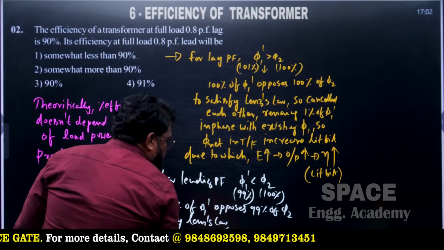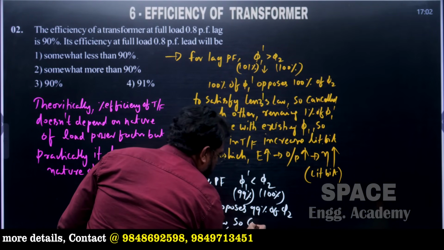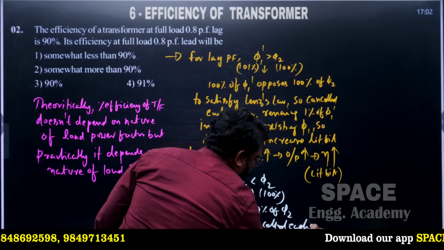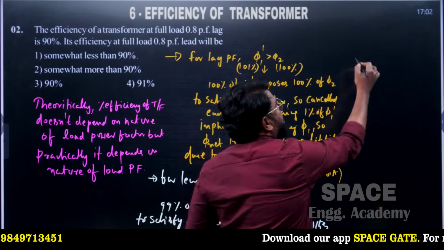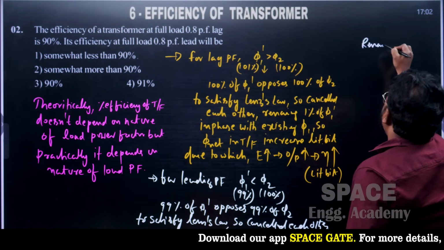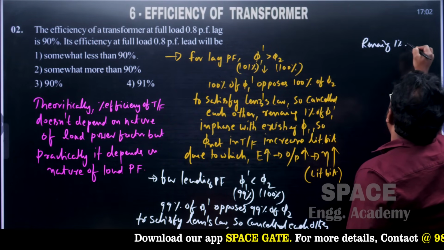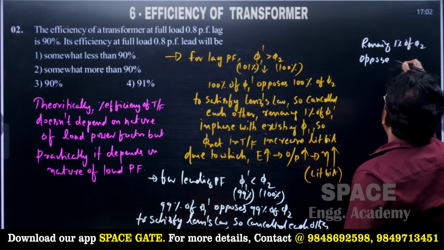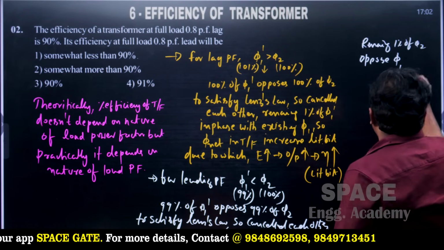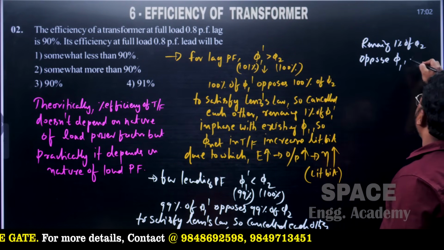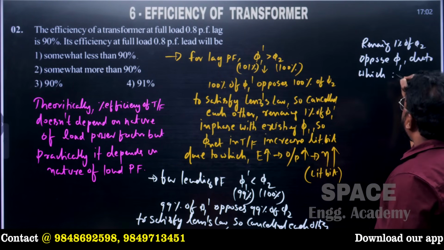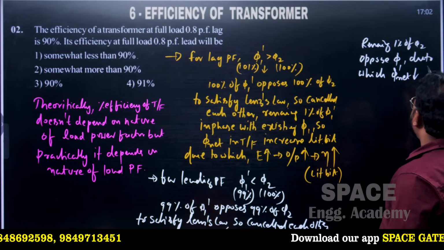So they cancel each other, and the remaining 1% of phi 2 opposes the primary flux phi 1. Due to which the net flux decreases.